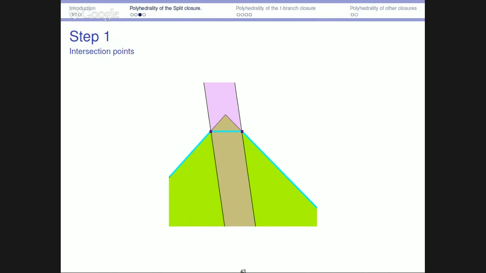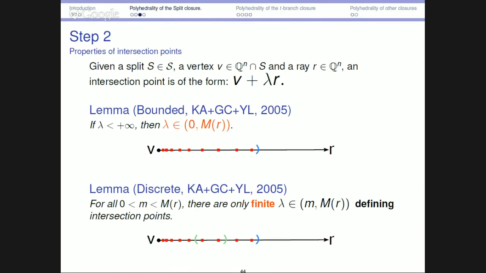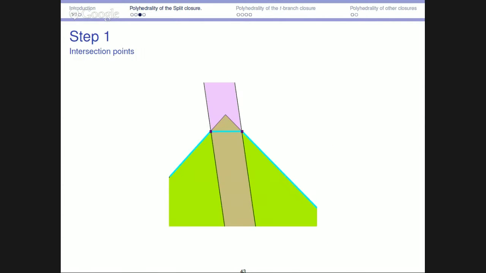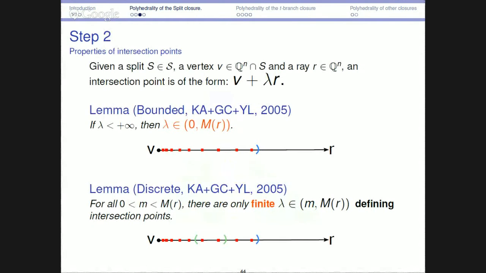Okay? So these are called intersection points. And these intersection points are not arbitrary. They have very nice properties. What you can prove, we didn't prove it, but it was proven before by Cornuéjols, Anderson, and Lee, is that, first of all, if b is a vertex, like this one, and r is a ray, the intersection points are not too far away on the ray.